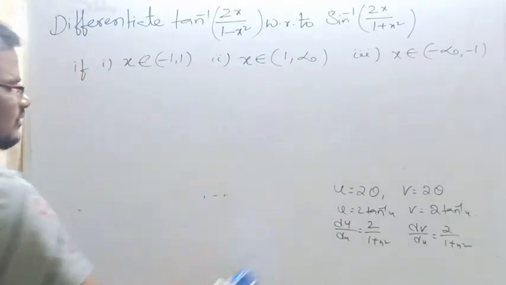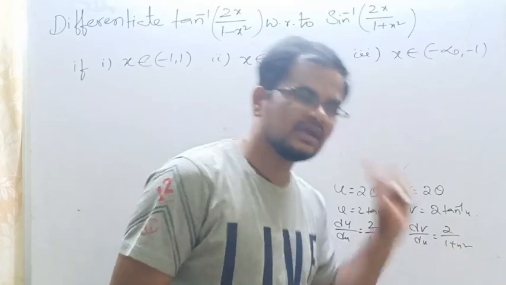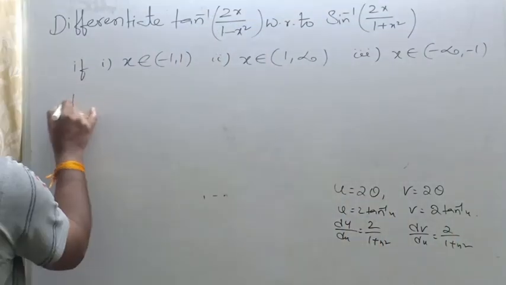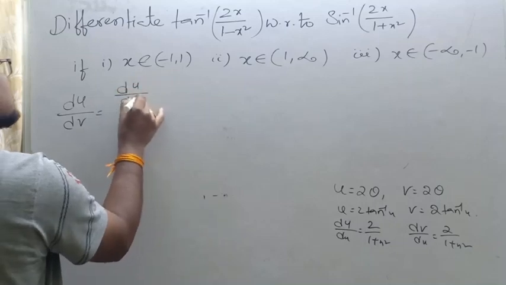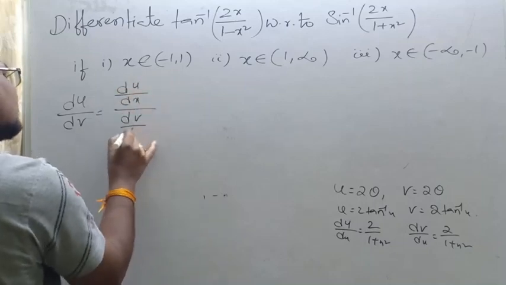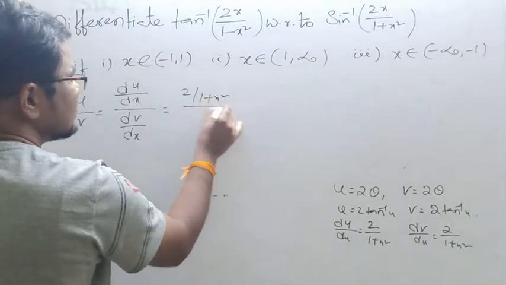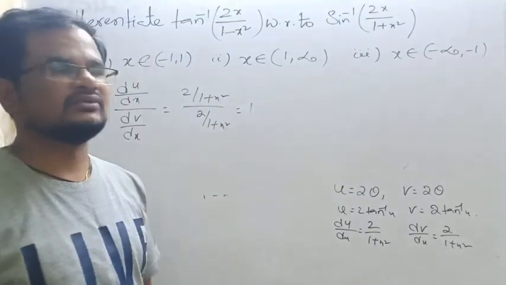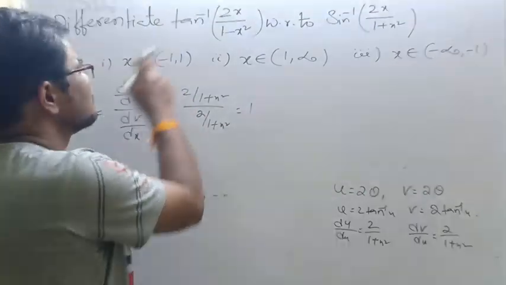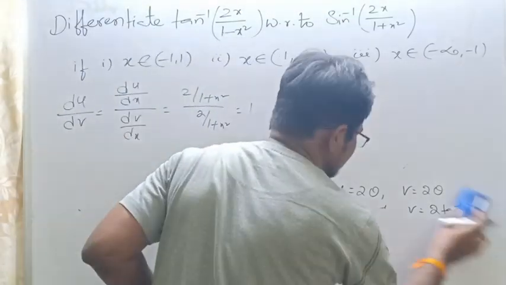Now we have to find du by dv, that is equal to du by dx by dv by dx, that is equal to 2 by 1 plus x square divided by 2 by 1 plus x square, that is equal to 1 you will get. In this case du by dv, the differentiation of this one with respect to this one, is 1. Next, second one.